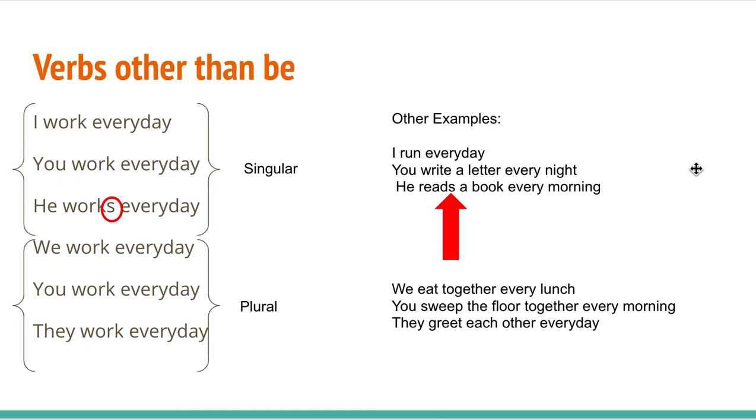Okay, you write a letter every night. He reads a book every morning. Look how the s is added after the verb read. Okay, so the actual word is read, right? To read, but you add the s.